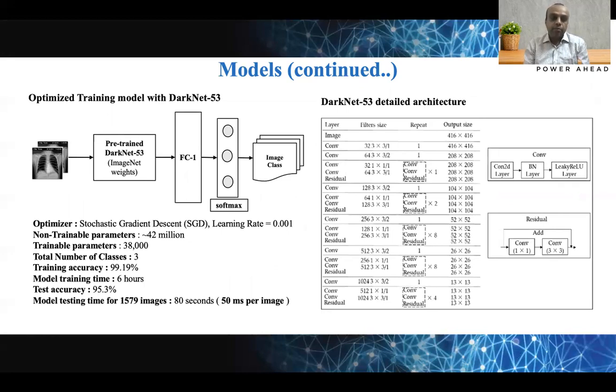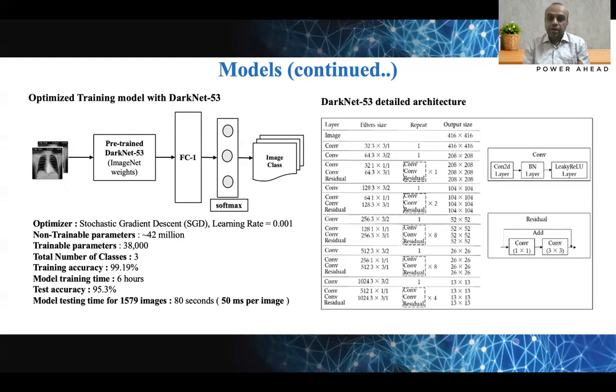This has one fully connected layer, and we used stochastic gradient descent as the optimizer with a learning rate of 0.001. With this, we are able to achieve a good accuracy of 95.3% on the test data, and we were able to decipher the pathology of the image in around 50 milliseconds, which is pretty good.